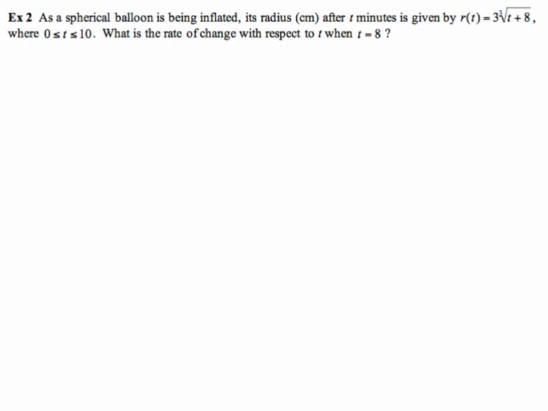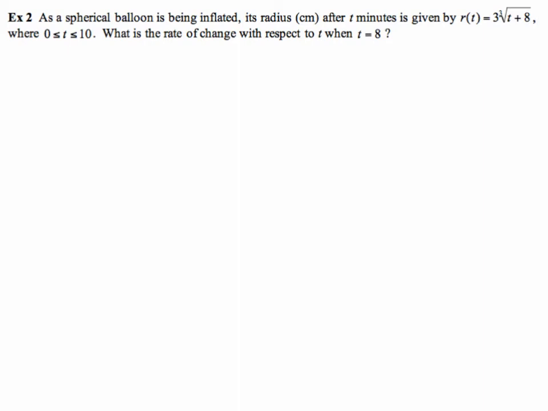In the second example, it says that a spherical balloon is inflated. Its radius in centimeters after t minutes is given by this equation, where time goes from 0 to 10. What's the rate of change with respect to t when t equals 8?